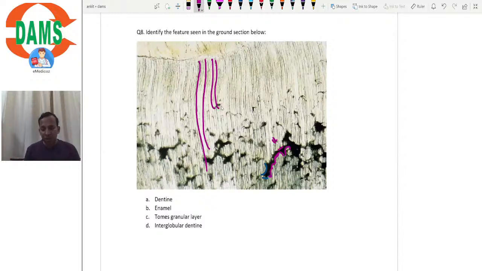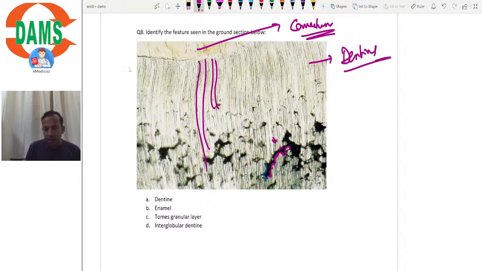On the outside, we also see cementum, right? So this becomes dentine, isn't it? Look at this junction, it does not appear scalloped. The typical scalloping between enamel and dentine is absent, and hence the outer tissue is cementum and the inner tissue is dentine, right? Now looking at this dentine just beneath the surface, the surface dentine is mantle dentine, right?